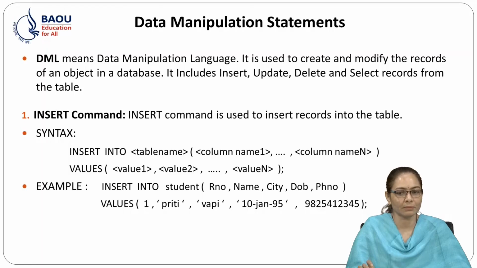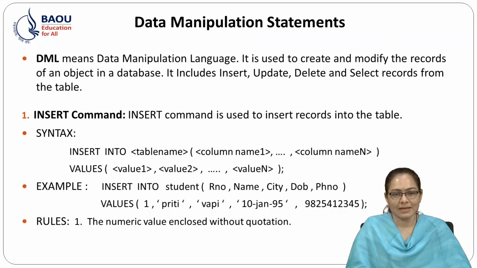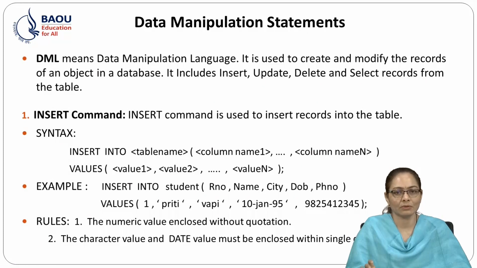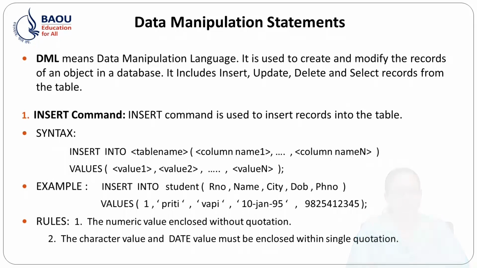And then phone number 98254 is stored in the phone number column. This example is used to store the first record in the student table. Now, here the rule is that numeric values are enclosed without quotation, and the string value or character value or date value must be enclosed within single quotation.